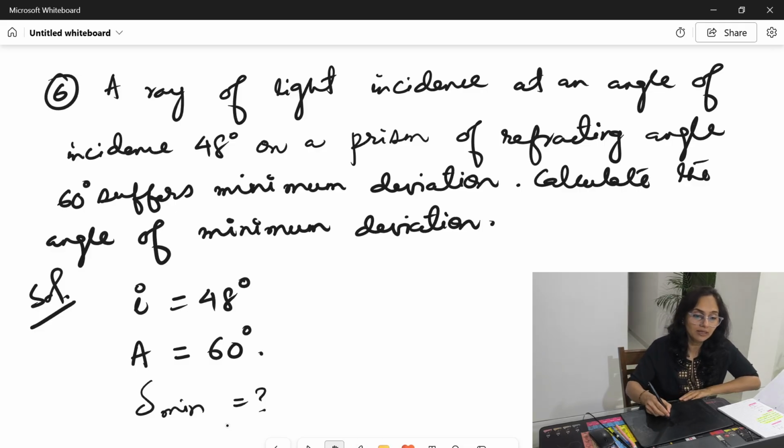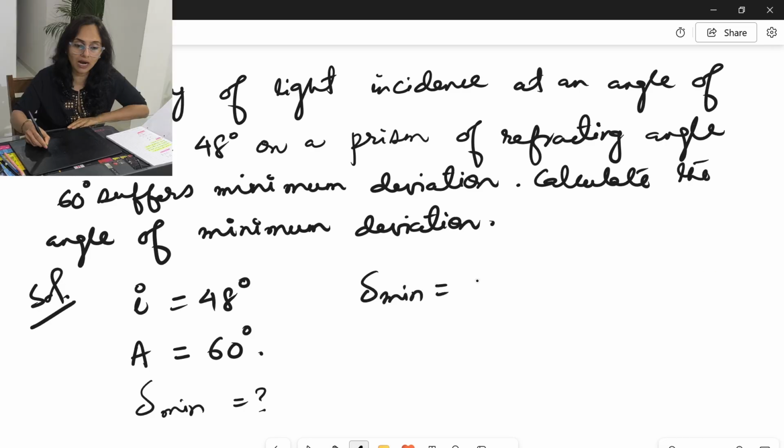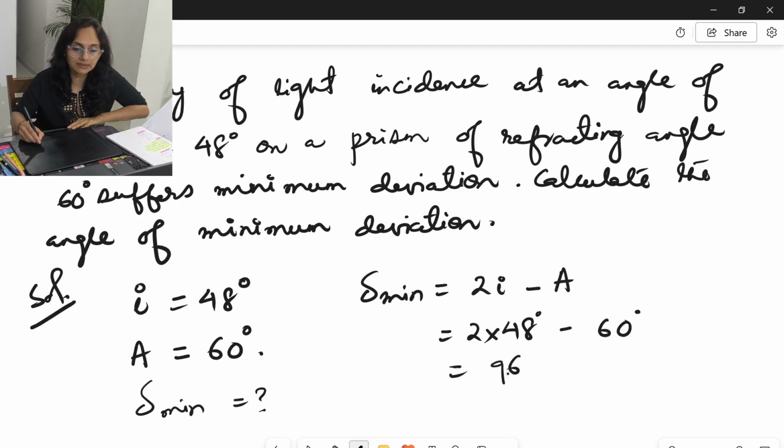What is the formula? That delta min is equal to 2i minus A. We have to remember this formula to calculate this question. So delta min we have to calculate. So 2 into i, which is given 48°, minus A, which is given 60°. So we will get 96 minus 60, which will come as 36°.